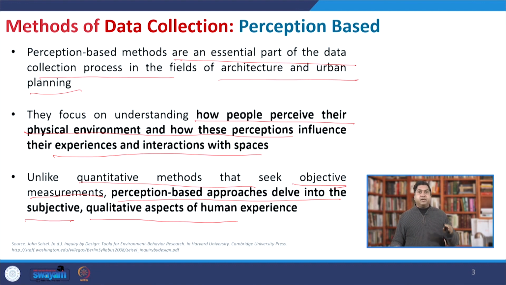In that case, whenever we get that information, it is of a quantitative nature, but here we are going to observe their perception. So mostly the perception part is qualitative in nature. Let us understand this difference.